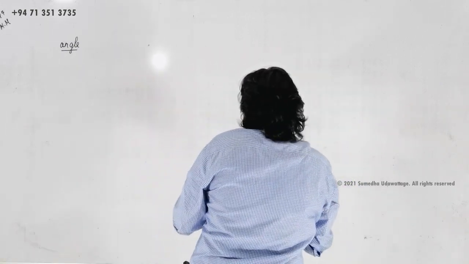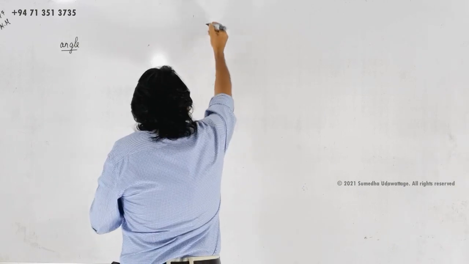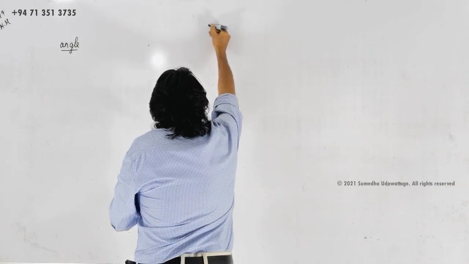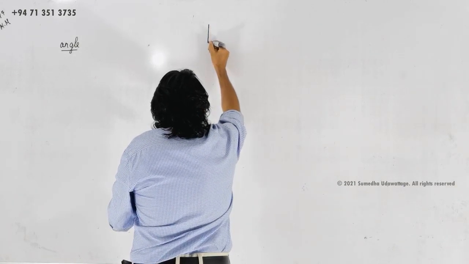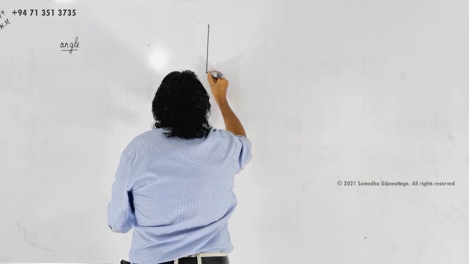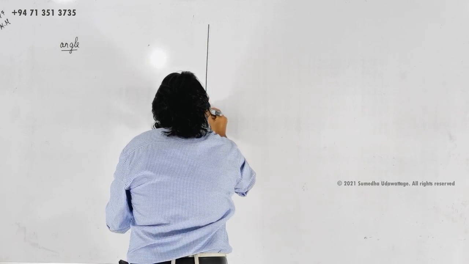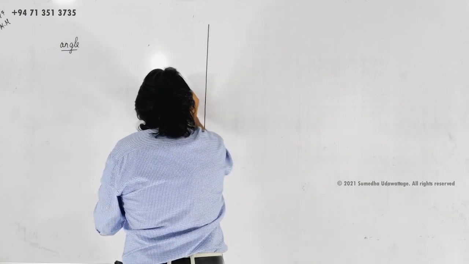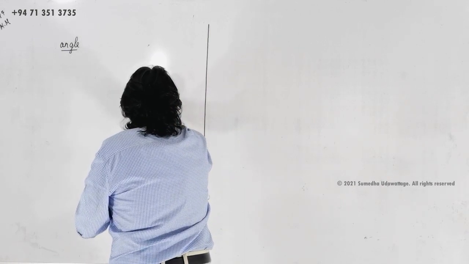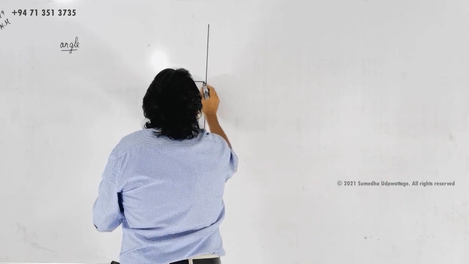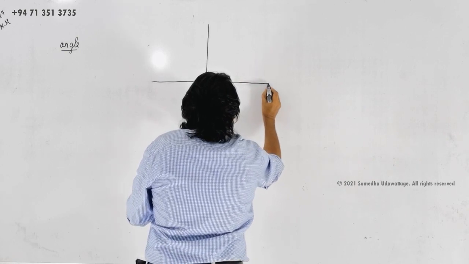In trigonometry, basically we take 2 axes, one vertical and one horizontal.